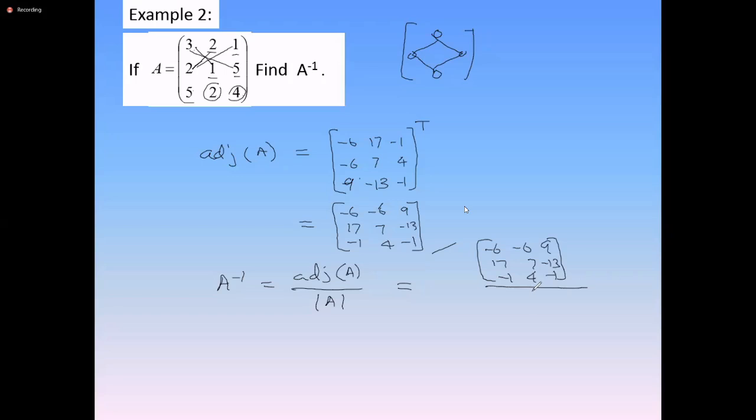How to calculate the determinant? Using the shortcut method of calculating the determinant, we can get it. Select the original matrix here. Select the 3, 2, 1 here. That's all. And select the cofactor matrix here. Now get the product. 3 by minus 6, minus 18.